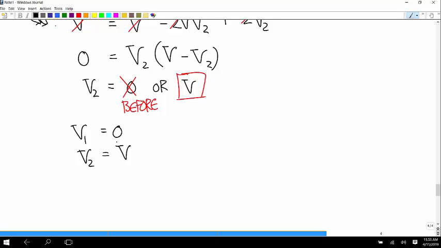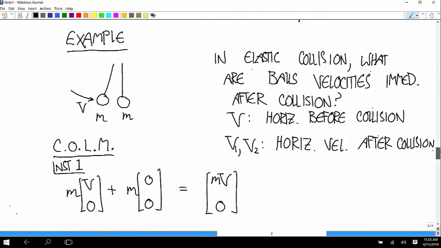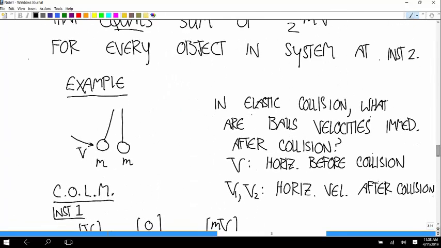And notice what this says. If you look at the original setup, it says if this first one comes in with a speed of v and these two have the same mass, when they collide, this one is going to stop dead and this one is going to take off with a speed of v.